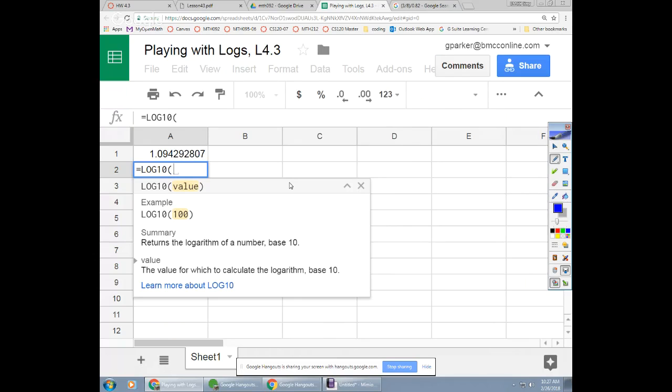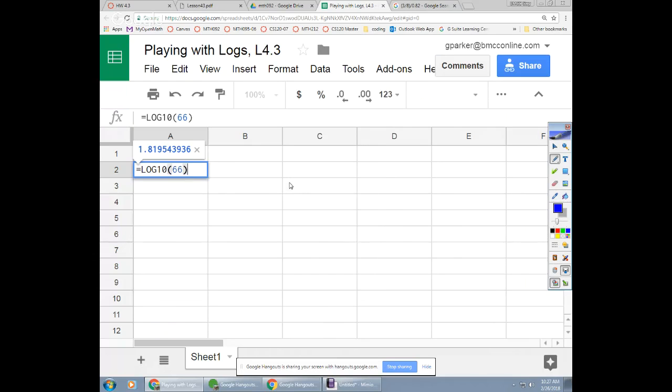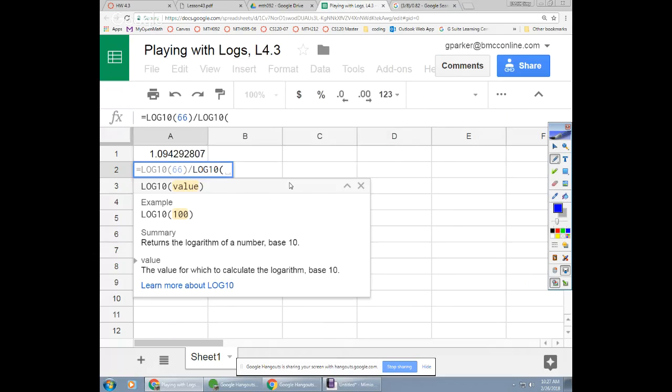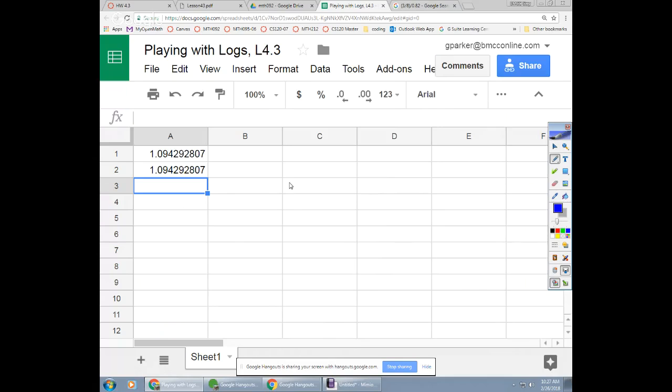And then I would have to do the log base 10 of 66 divided by log base 10 of 46. I should get the same number, 1.09. You must have mistyped something there. So this one right here is like typing a base 46 log. This one here was log base 10.